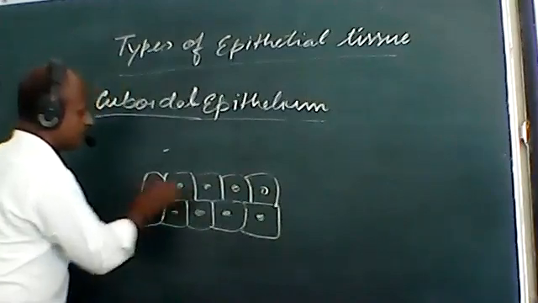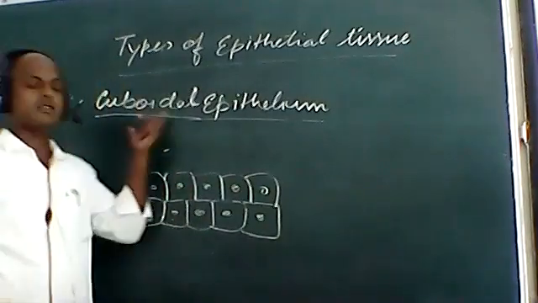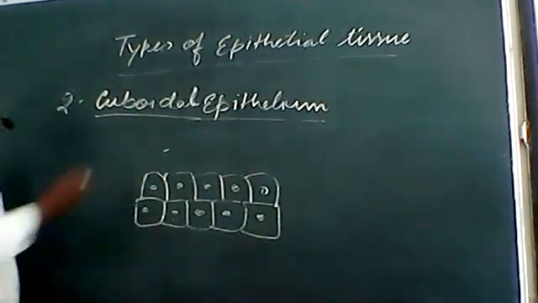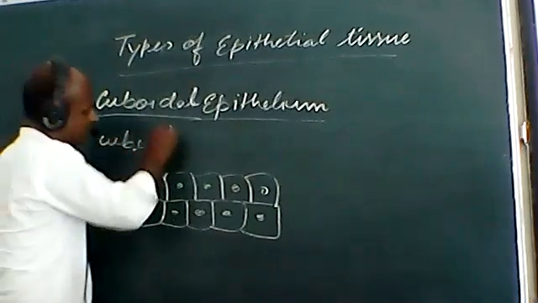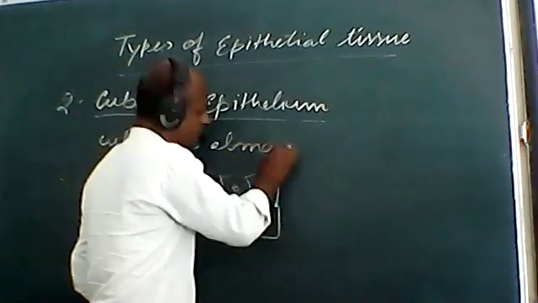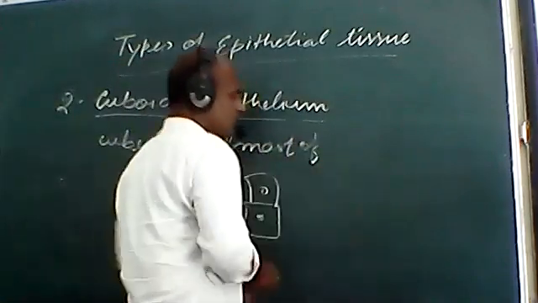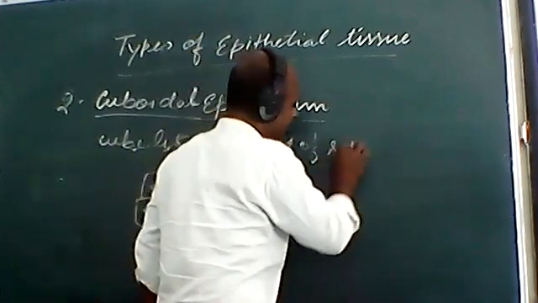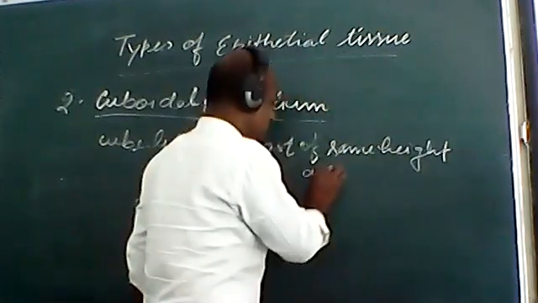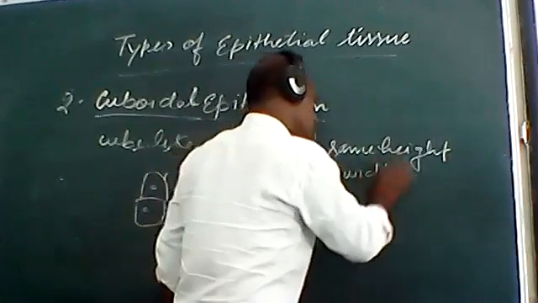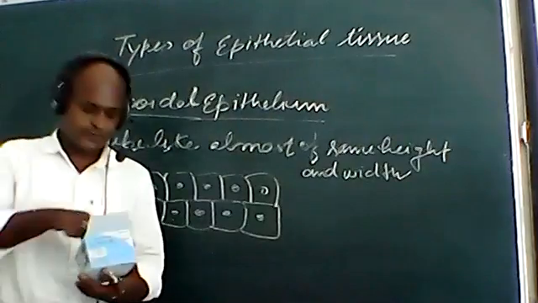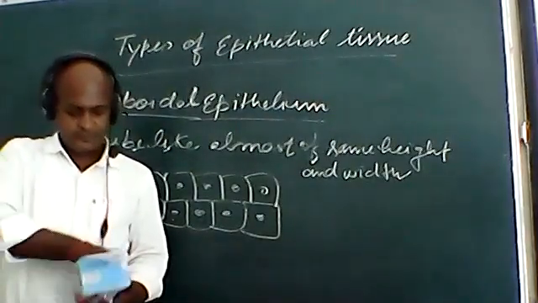Due to this structure, it is called cuboidal epithelium, and this cuboidal epithelium is cube-like. आप कह सकते हो cube-like, almost of the same height and width. Same height, due to which it is called cuboidal epithelium.